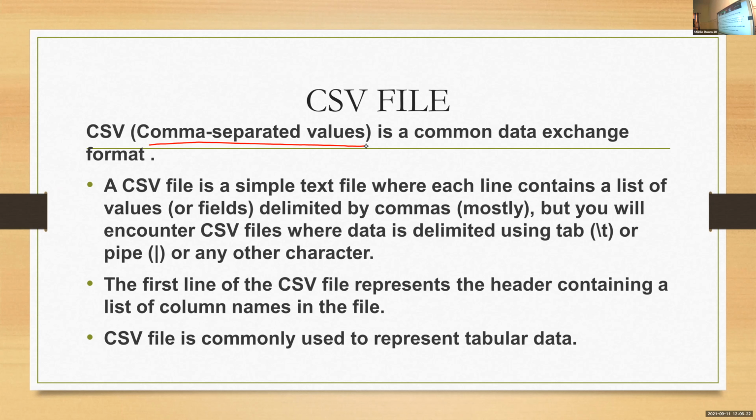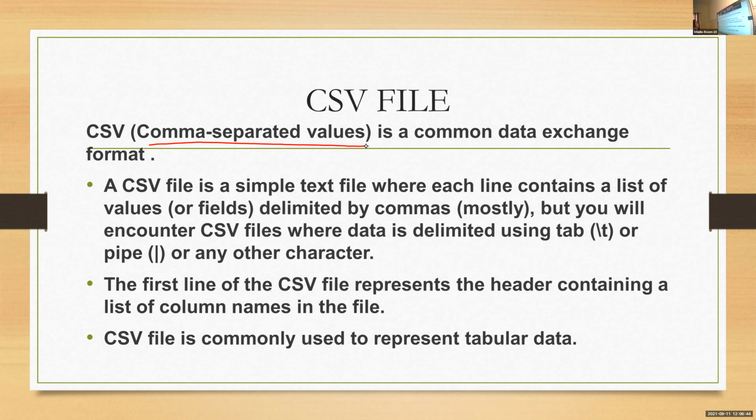CSV stands for comma separated values, a common data exchange format. That is, if you want to convert one Excel sheet to normal row representation, we use this CSV file. Okay.